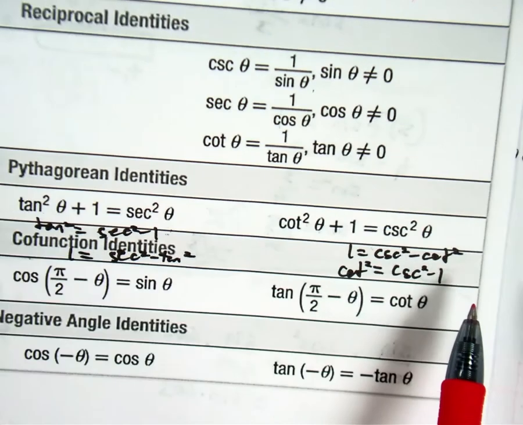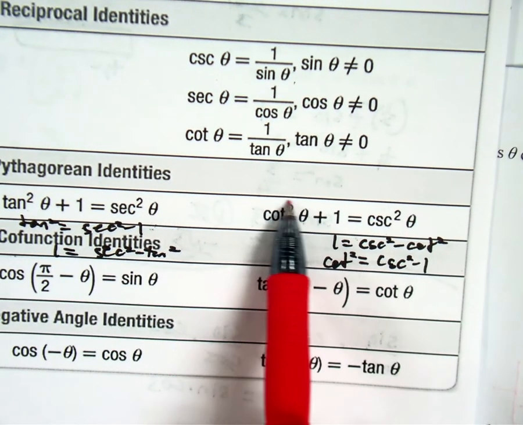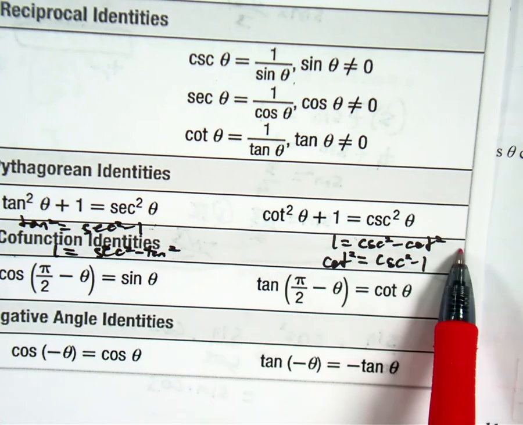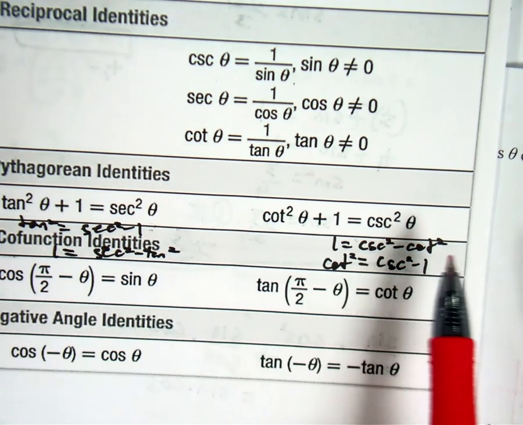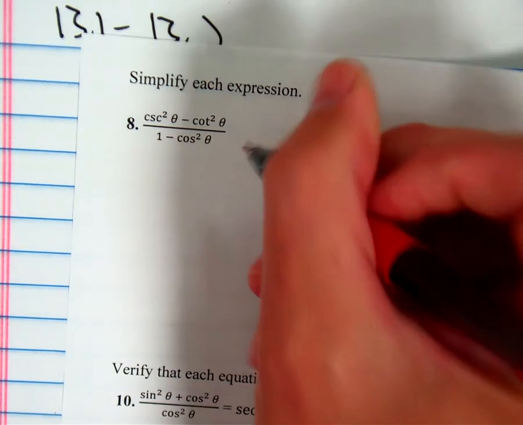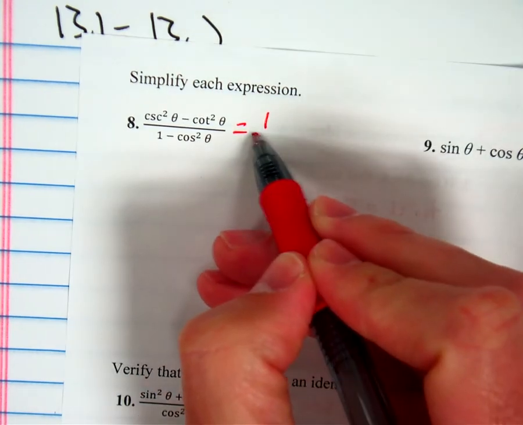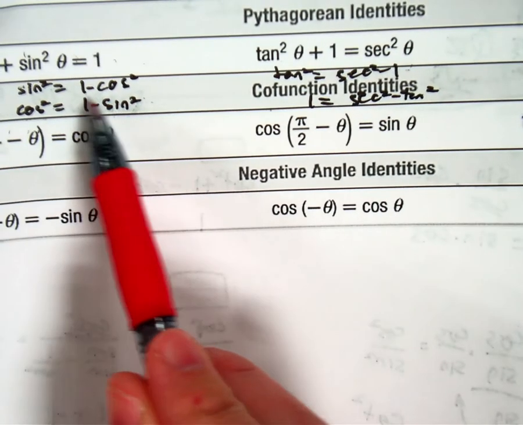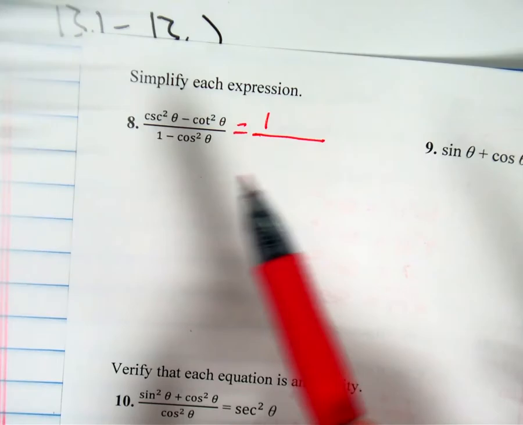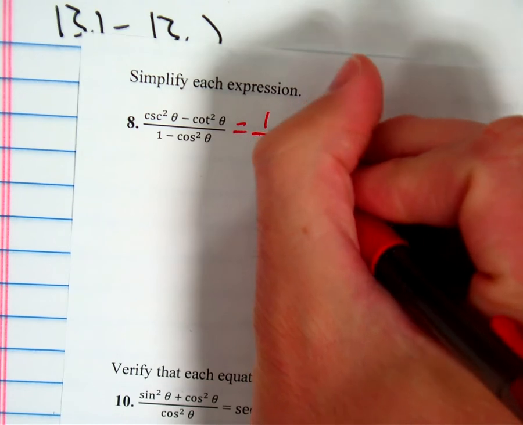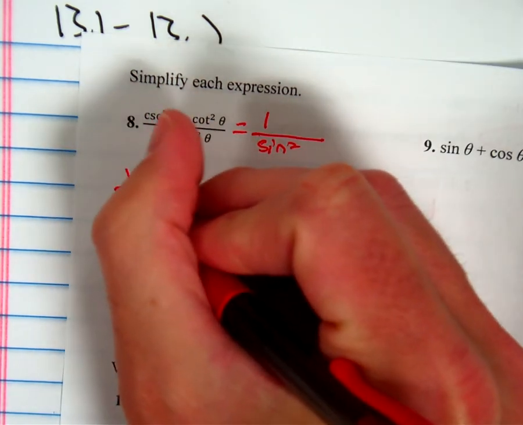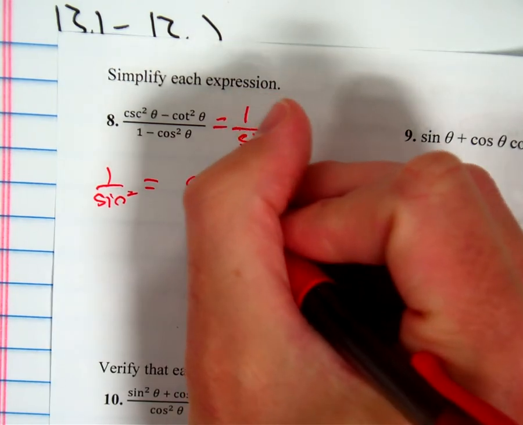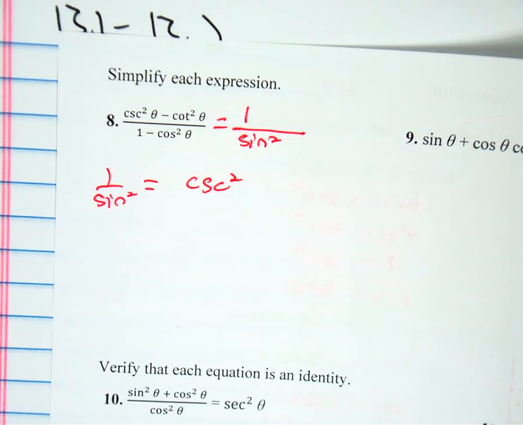Cosecant squared minus cotangent squared equals 1, so my top would be 1. 1 minus cosine squared would be sine squared. 1 over sine squared equals cosecant squared. Piece of cake.